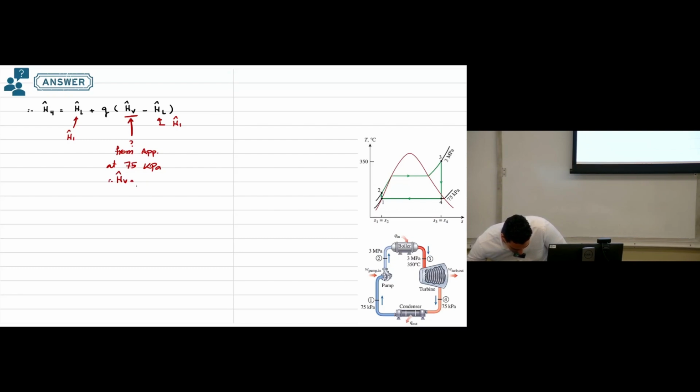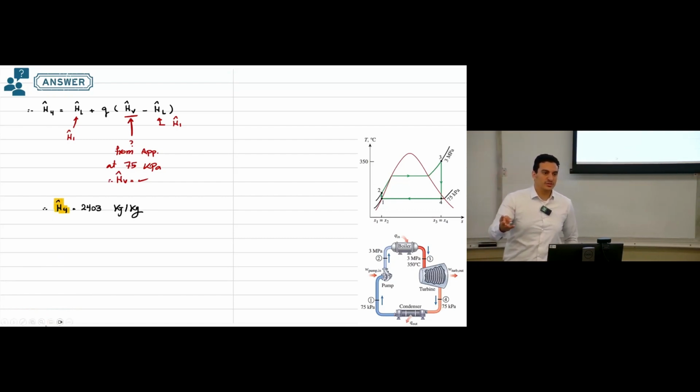Okay, I don't have the number, but we can find this number. Then you can substitute in this equation, and then we have H4 at the end. So this one will be 2403 kilojoule per kilogram. And this will be the last value of the enthalpy we need to find.